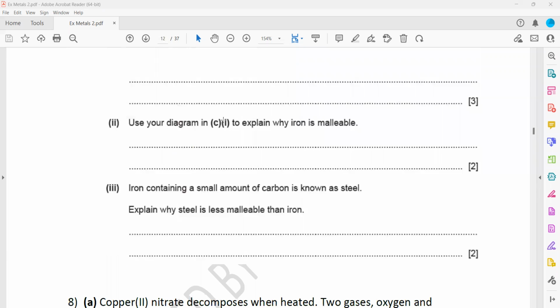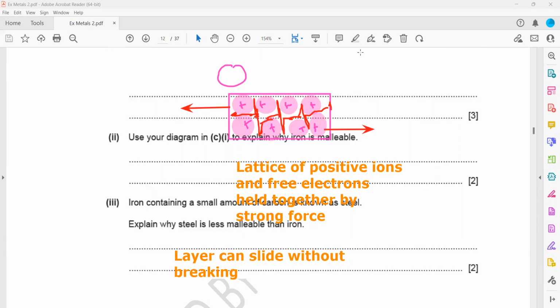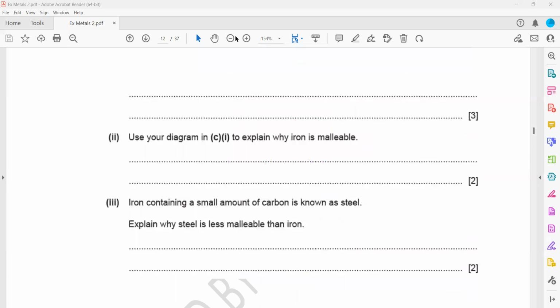Iron containing a small amount of carbon is known as steel. Why is steel less malleable? The same idea. Steel is an alloy, and alloys are usually harder than the pure metal. Pure metals are soft and malleable, alloys are harder. What is the reason for that? If I draw the structure of an alloy, steel contains carbon and iron.